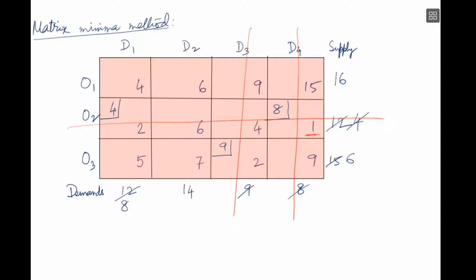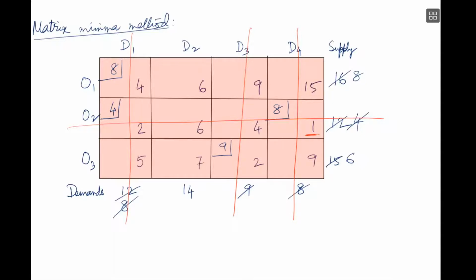and we now have the cost matrix of 2x2 size, where the minimum cost is 4 per unit item, and that occurs at the 1-1 cell, and where the maximum possible allocation is 8 units. Demand at D1 has been fulfilled, supply at O1 has been reduced to 8, and we discard the column D1.